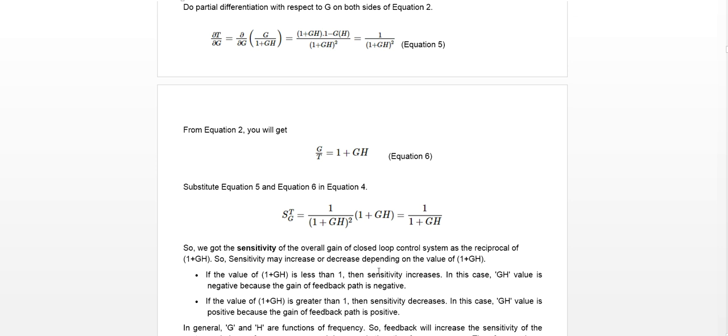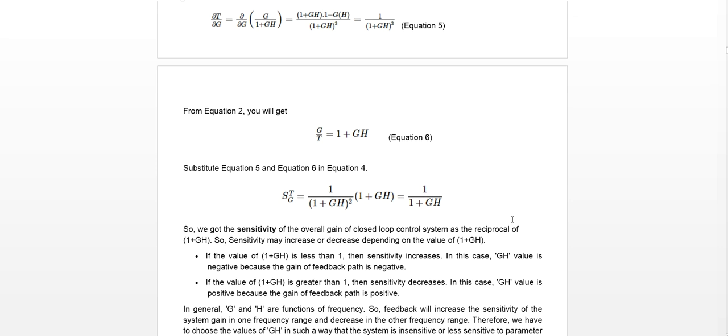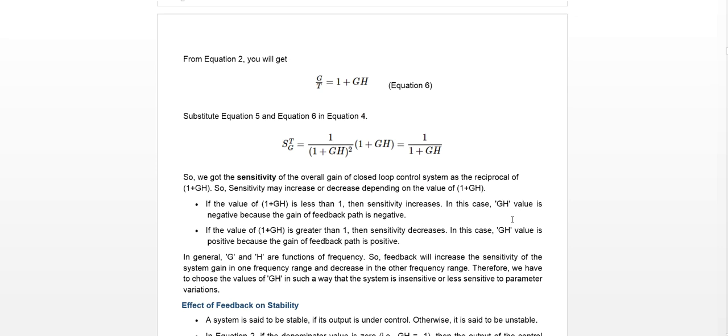So we get the sensitivity of the overall gain of a closed loop control system as the reciprocal of 1 plus GH. So sensitivity will increase or decrease depending on the value of the quantity 1 plus GH. So if the value is less than 1, then sensitivity increases. So if the value is greater than 1, then the sensitivity decreases.